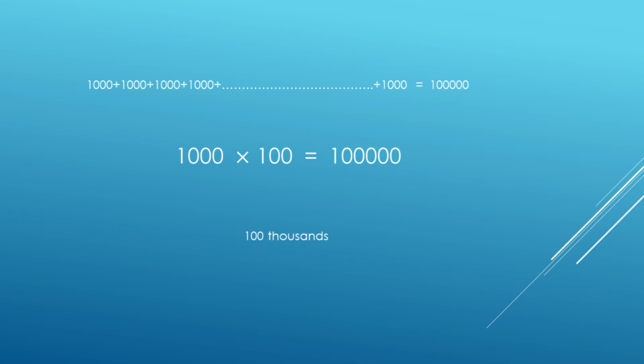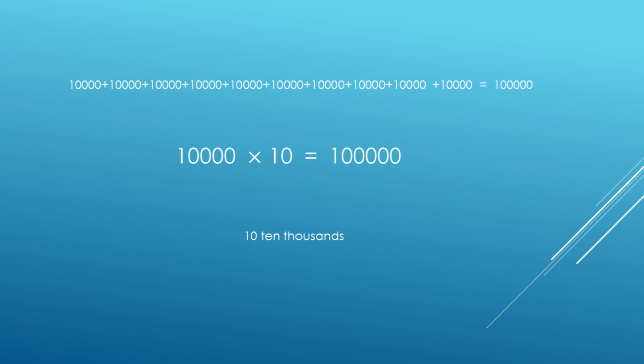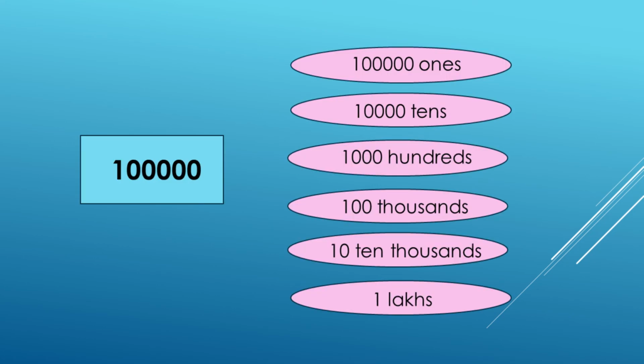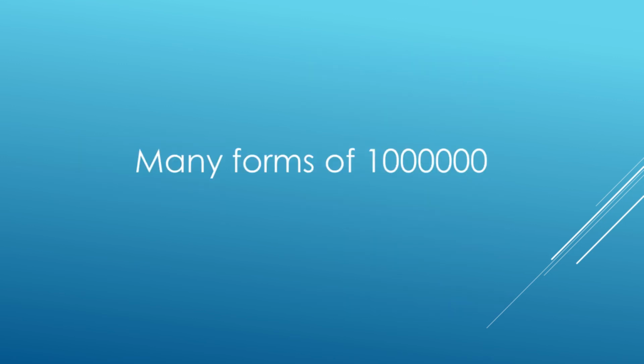That means there are 100 thousands in 1 lakh. If we add 10,000 ten times, we get 1 lakh. That means there are 10 ten thousands in 1 lakh. And there is only 1 lakh in 1 lakh. So we can say that different forms of 1 lakh are 1 lakh ones, 10,000 tens, 1,000 hundreds, 100 thousands, 10 ten thousands, and 1 lakh.